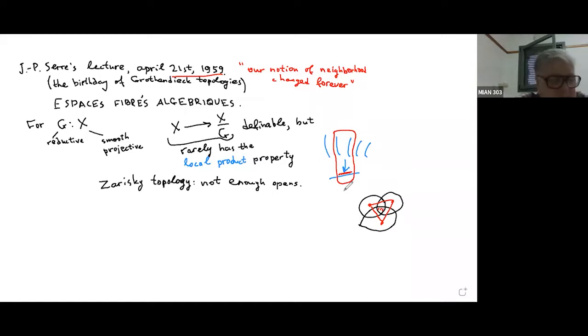And there was the question how to expand, how to enrich the amount of open sets.